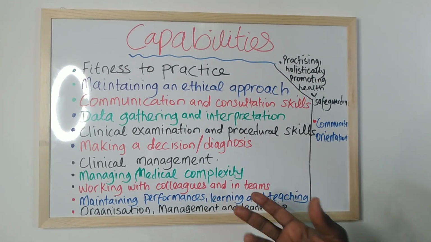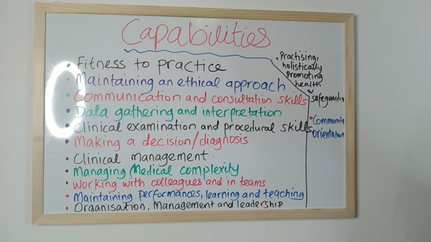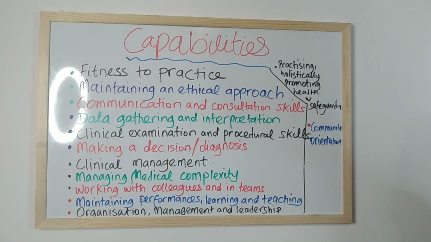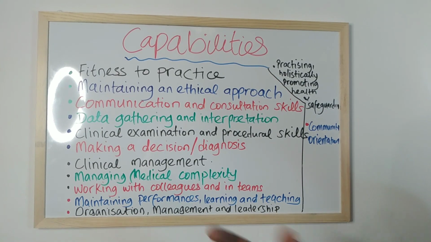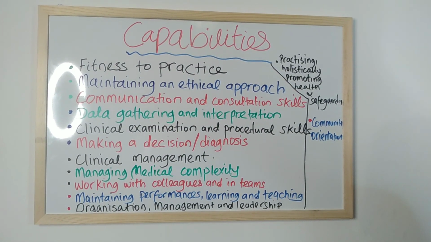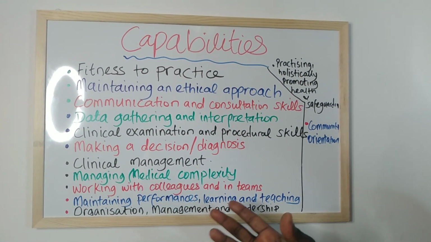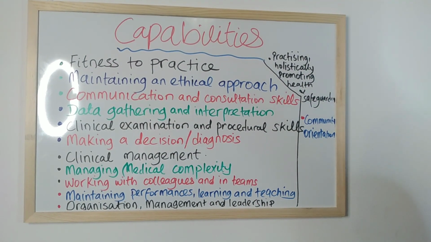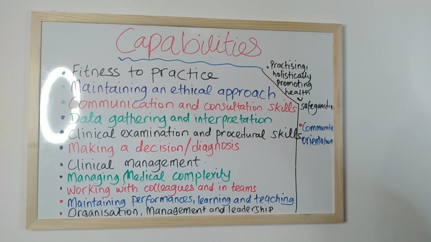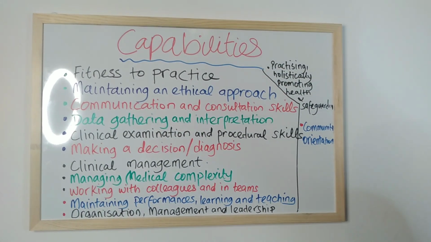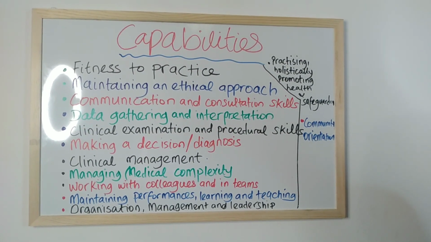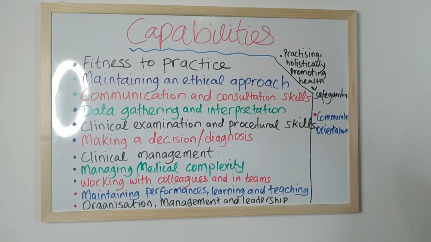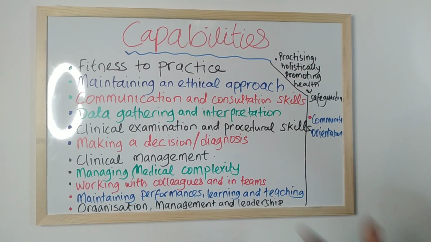Maintaining performance, learning, and teaching. Most of these things simply explain themselves by their words, but it's just good to add one or two explanations. So it's just about learning and teaching. If you read something or you went for a course and you got a certificate, for example, you improved your knowledge about anything, you did the self test on the RCGP website, that is where you could put that.